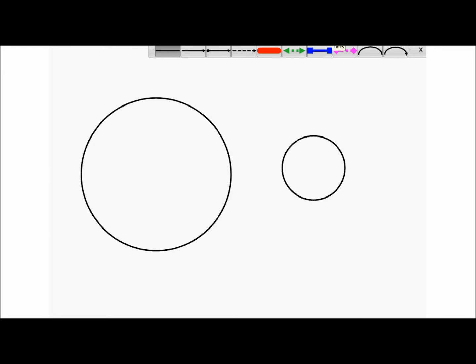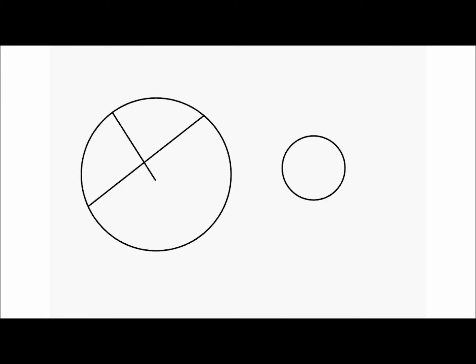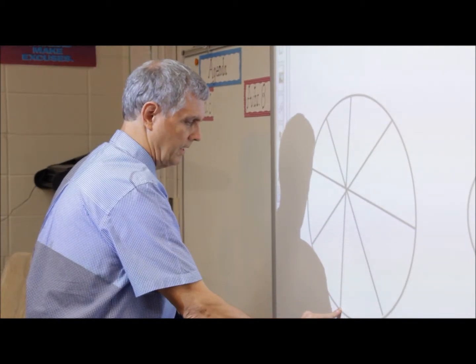I'm going to, with line segments, slice this up just like it's a pie, okay? And I don't necessarily have to go through the center of the circle here. It doesn't make any difference whether you go through the center or not. The only thing that matters is that every one of these lines passes through the same point. You'll see.